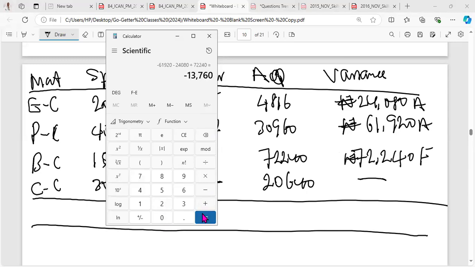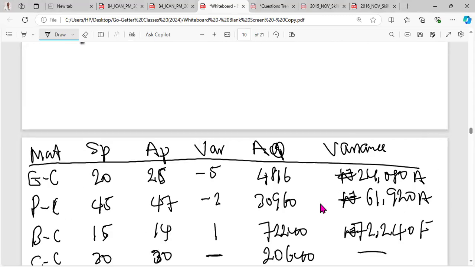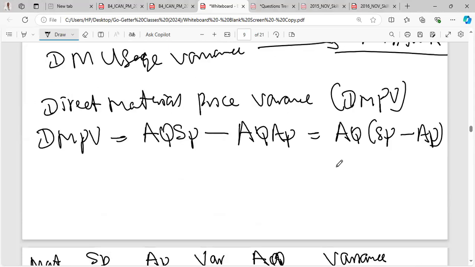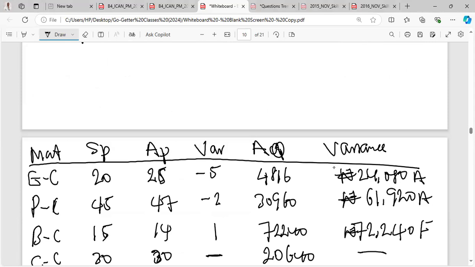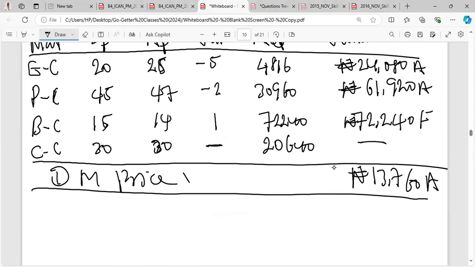Now that gives me 13,760 adverse. So this is your direct material price variance.